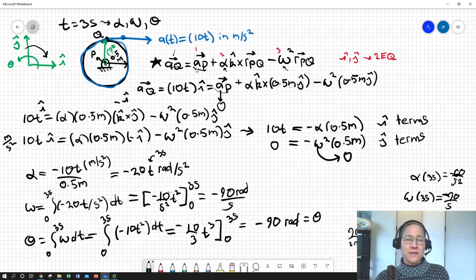So we needed to know something about p, so we needed an additional piece of information in addition to the fact that p and q are on the same rigid body, and we know the acceleration of q. We had to know something about p. And lucky for us, it was simple. It was a fixed pivot, so we knew that was 0, and then the rest was just a little bit of vector algebra and a couple of integrations.